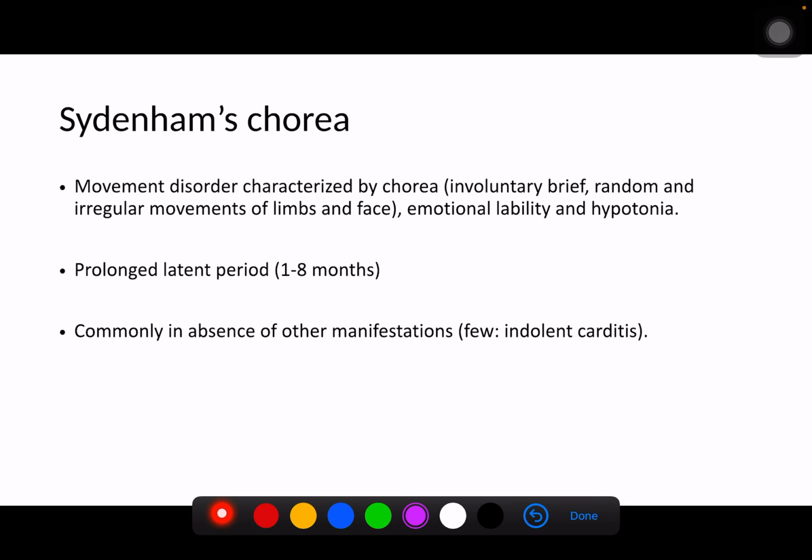It is characterized by chorea: involuntary, brief, random and irregular movements of the limbs and face, emotional lability and hypotonia, with a prolonged latent period of 1 to 8 months, commonly in the absence of other manifestations. The movement is involuntary, brief, random, irregular and very rapid.